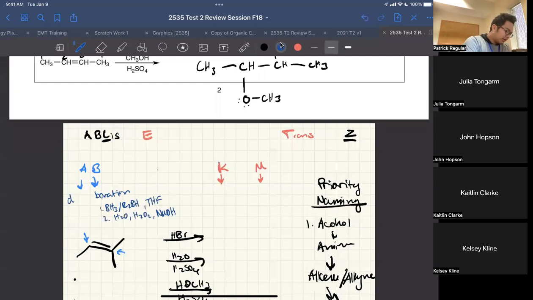That gives you an aldehyde. A and B, very beginning. And right here toward the middle, you have ketone from mercuration. Mercuration being H2O, H2SO4, HgSO4.